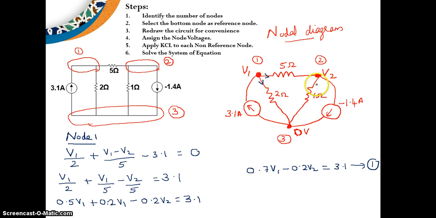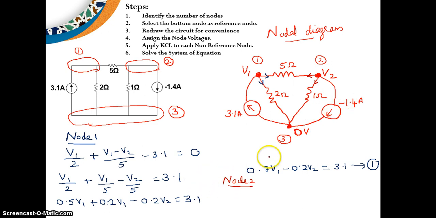Now for the second node, again I have to apply Kirchhoff's current law. For node 2, forget about all the other directions, only node 2 should be in your mind. Assume that all the currents are leaving node 2 through the resistors, but for the current source, take it as given in the diagram.